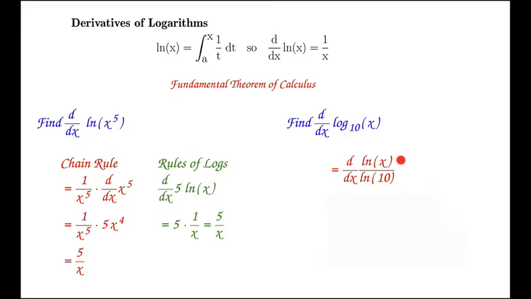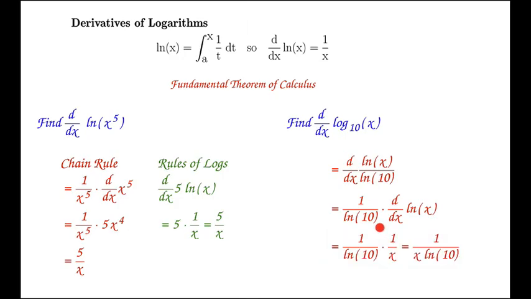We notice that 1 over ln 10 is just a constant, so we factor that out and we're left with the desired form, and we evaluate the derivative of ln of x. And so we have 1 over ln 10 times 1 over x, and that's equal to 1 over x times ln 10, and that's our final result, and we are done.